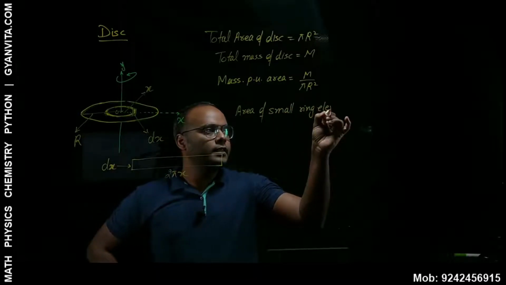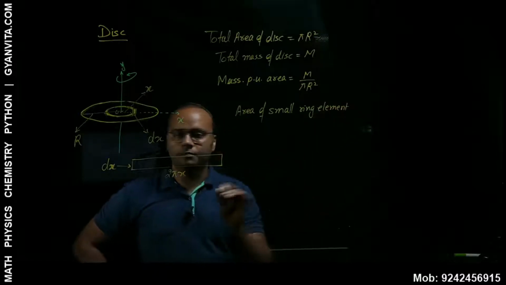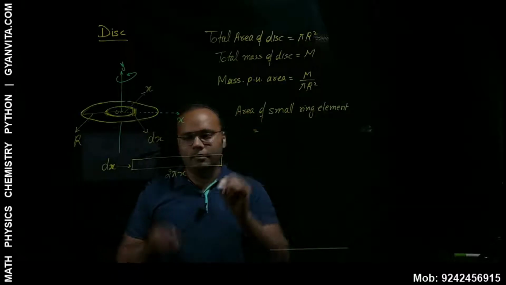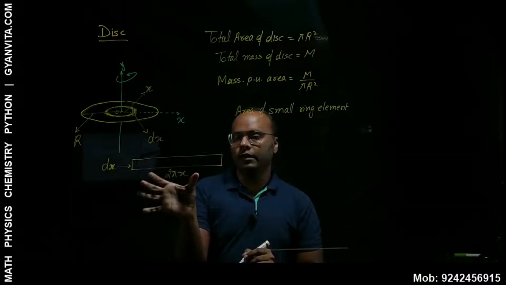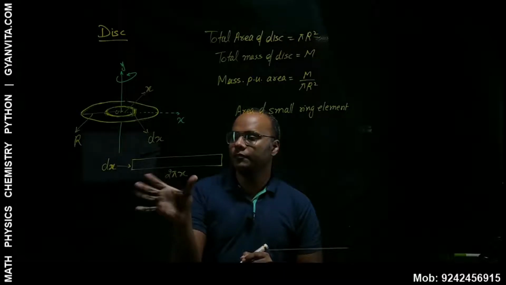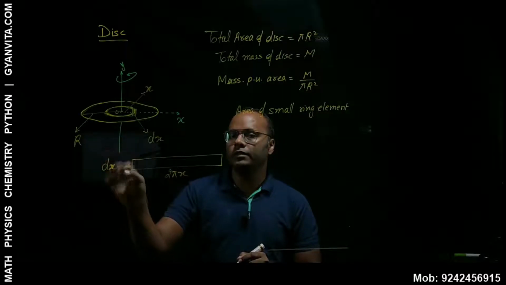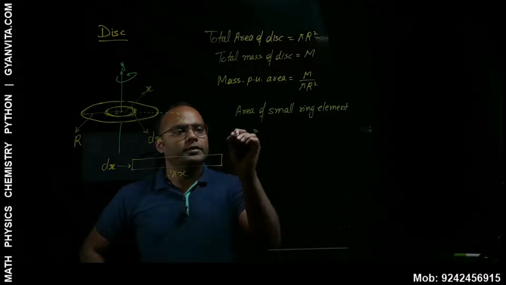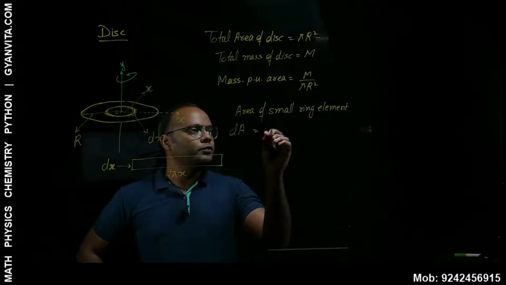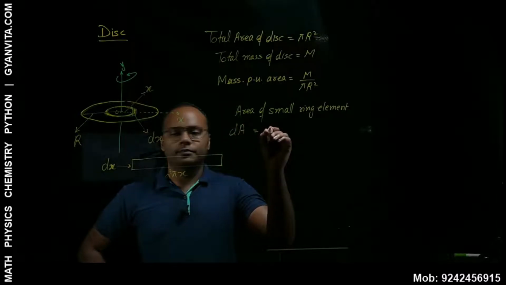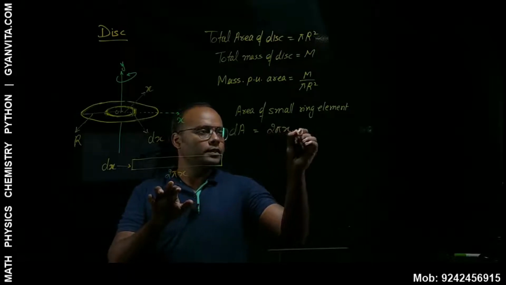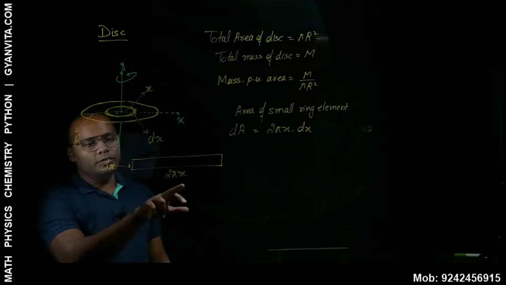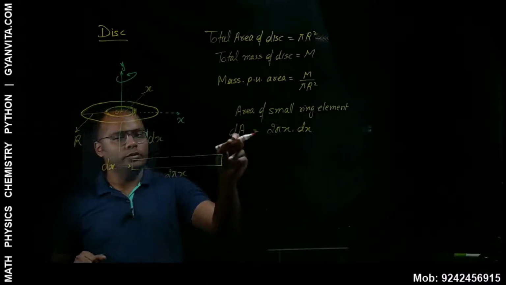As you can see, it's almost a rectangle. So its circumference, that is length, into width, that is dx. So this small area, that is dA, will be equal to 2 pi x into dx. Is that clear? So this is 2 pi x dx, that is your small area element.